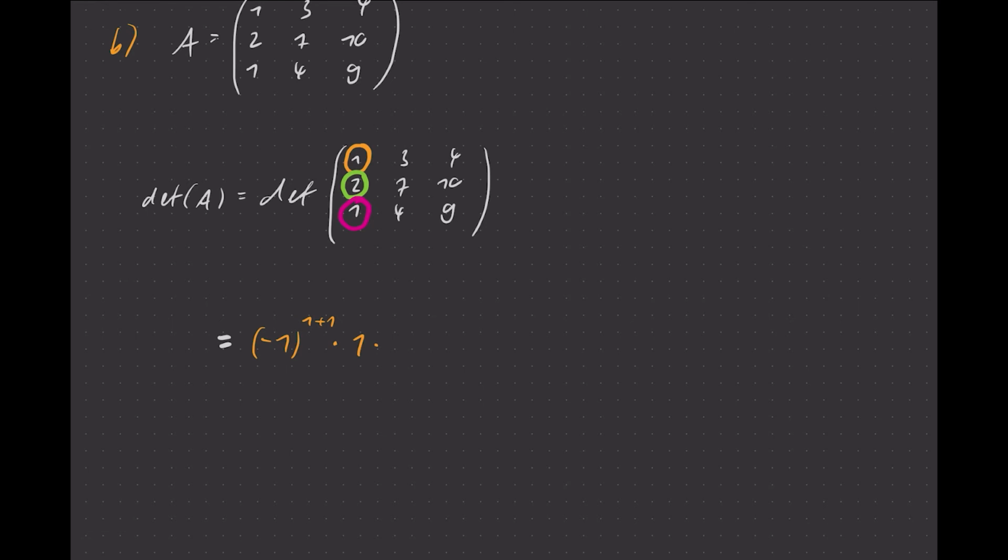Let's copy that whole thing once again. 3, 7, 4, 4, 10, 9, like this. And then remember, we have to remove the first column and also the first row. The position of that entry here tells us which row and which column we remove. So what remains is this matrix here.